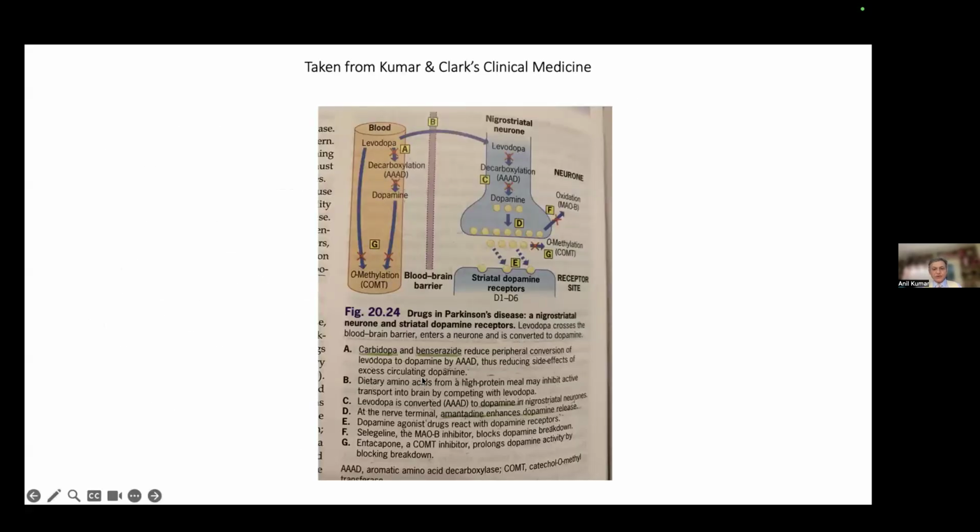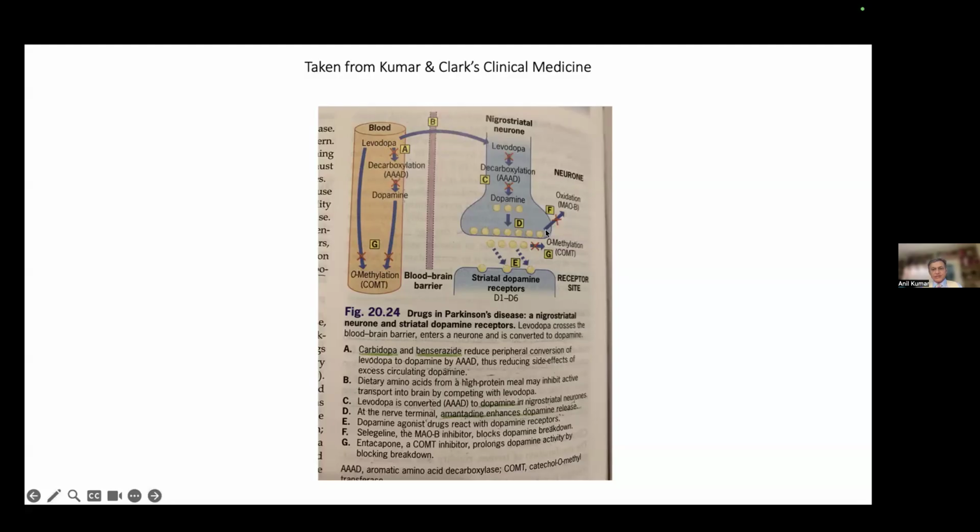This one I have taken from Kumar and Clark, and it is a beautiful picturization. Can you see, this is the blood vessel where you have levodopa and COMT, and this is your dopamine, and you're trying to prevent the conversion by blocking the AADC and COMT, and it enters the nigrostriatal neuron in the brain. This is the blood-brain barrier, and this is striatal. So it gets converted here.